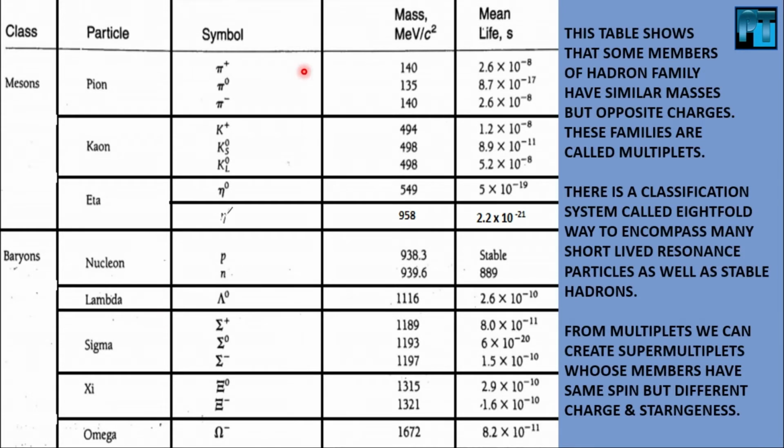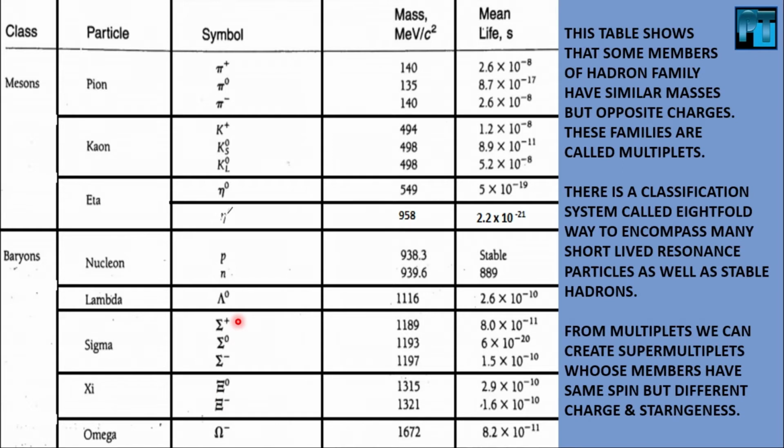See, these masses are quite similar. Now see the neutron and proton masses, the sigma masses as well as the xi particle masses. They have very similar masses, but their charges differ.